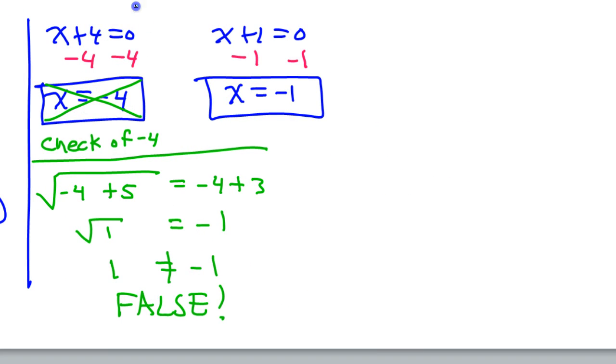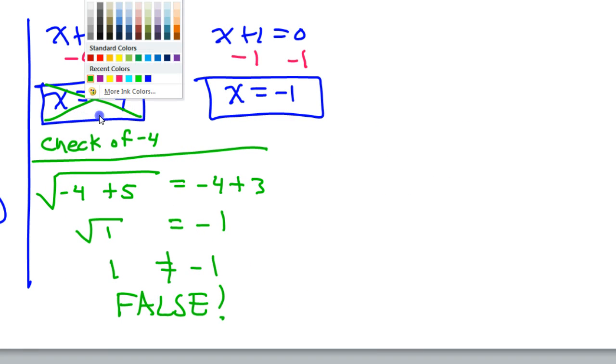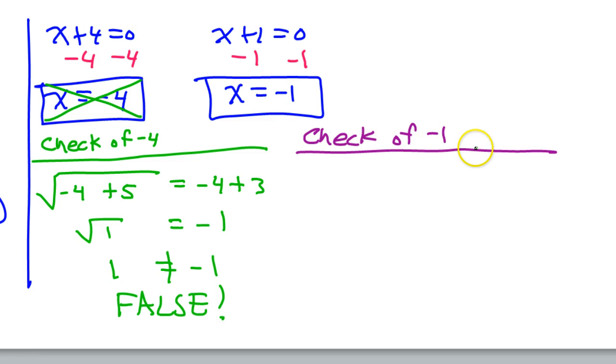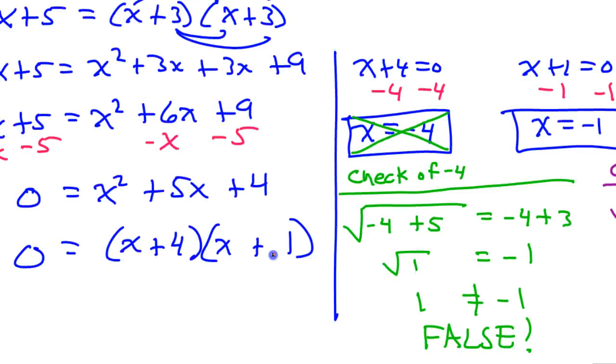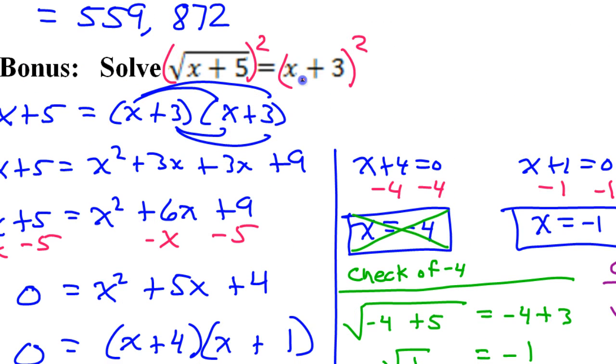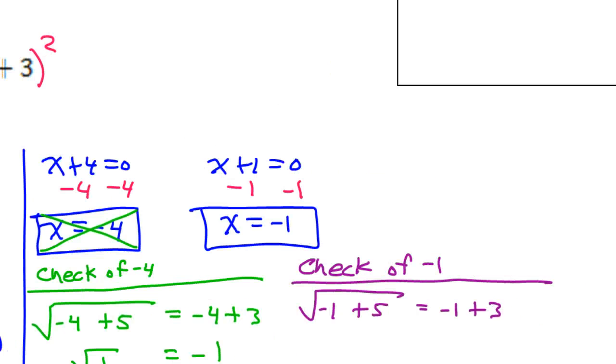Okay, let's do another check. Alright, here's the check of negative 1. So that would be the square root of negative 1 plus 5 is equal to negative 1 plus 3. Again, I'm just plugging negative 1 back into the original equation.